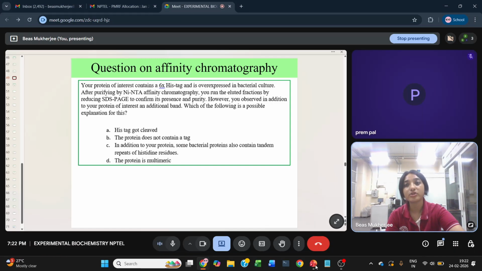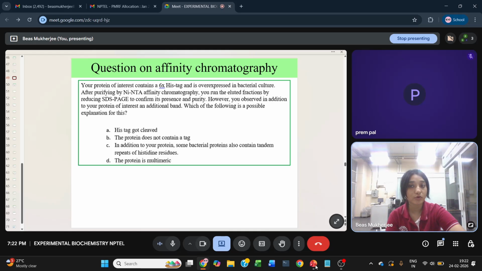Now you have your protein of interest contains 6X histidine tag and is overexpressed in bacterial culture. After purifying by Ni-NTA affinity chromatography, you run the eluted fractions by reducing SDS PAGE to confirm its presence and purity. However, you observe, in addition to your protein of interest, an additional band.